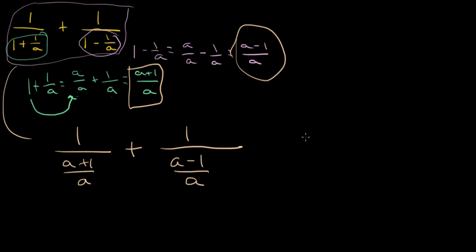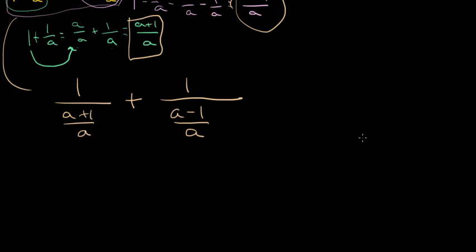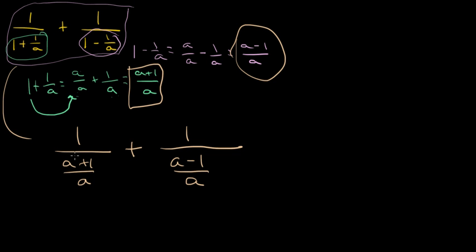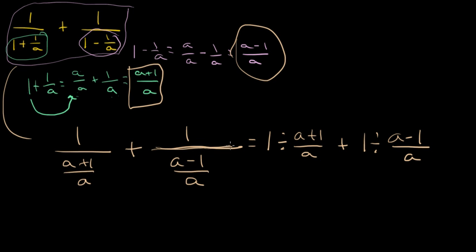Now, the thing to remember is that when you have this thing here, it means divide. And so now we have 1 divided by a plus 1 over a, plus 1 divided by a minus 1 over a. This bar here means divided by.